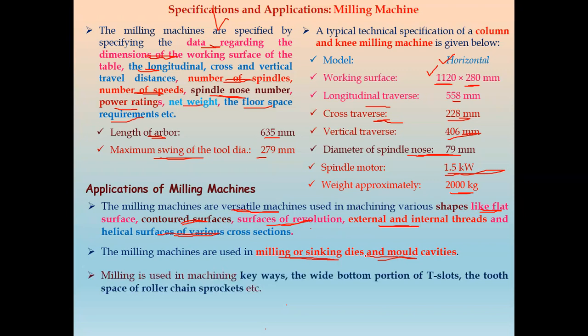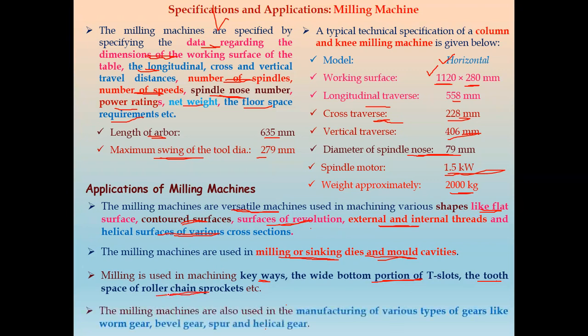Next, the milling machine is used for machining keyways, the wide bottom portion of the T slot, and tooth space in the case of chain sprockets, that is, roller chain sprockets. Then the milling machine is mainly used to manufacture various types of gears. It may be worm gear, bevel gear, spur gear, and helical gears. All types of gears are manufactured by using this milling machine. These are the applications of milling machines.